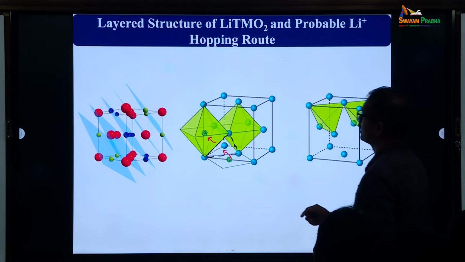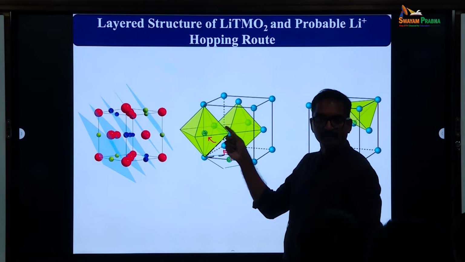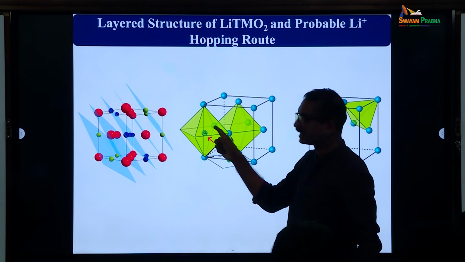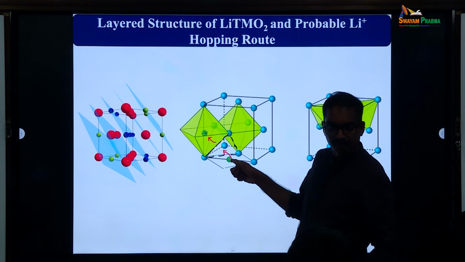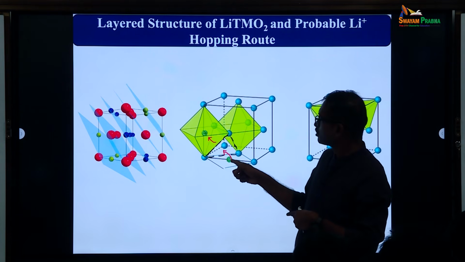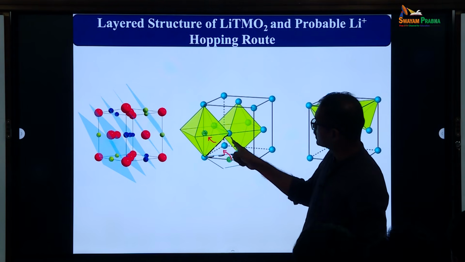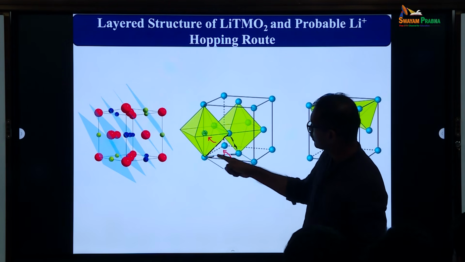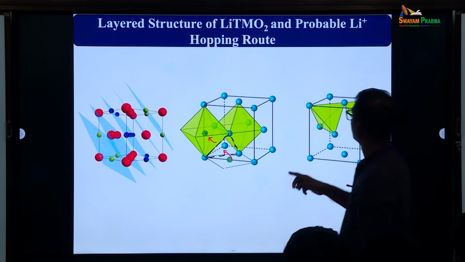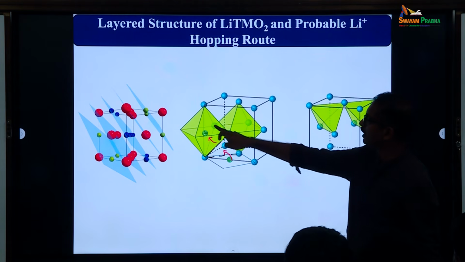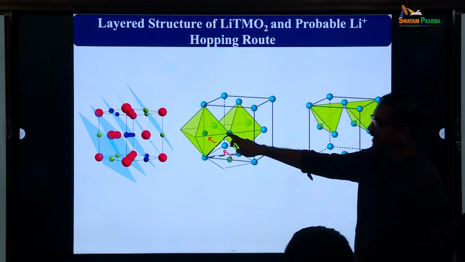Now you can see here, we have 2 octahedra, polyhedra, which are edge shared. You also have an octahedra here which is centered over here, because that's also edge centered. So between these octahedras, what do you have? It's a tetrahedra. Correct, no? You can see here, this is an octahedra, this is an octahedra, and this is an edge sharing between them.